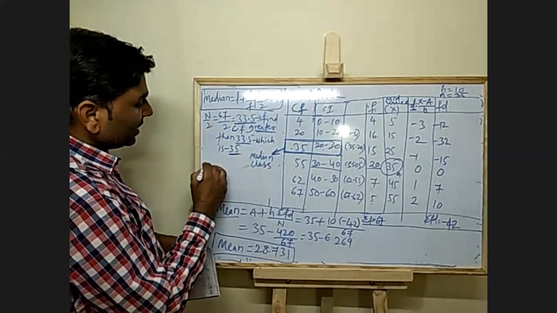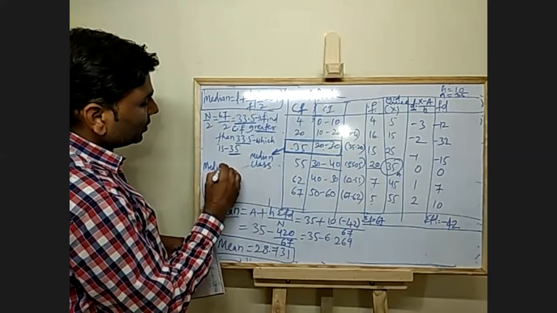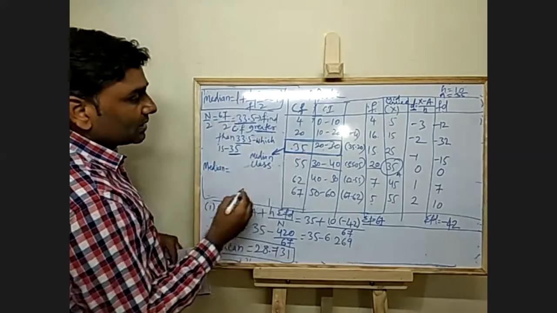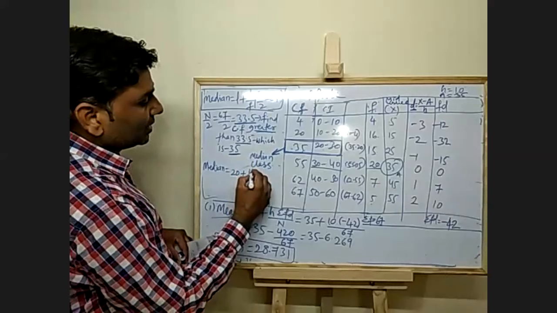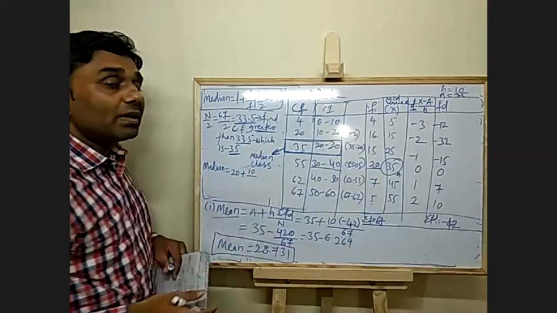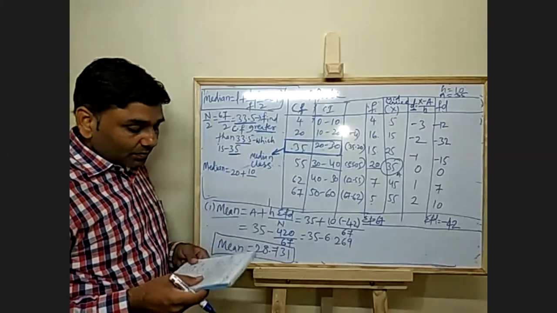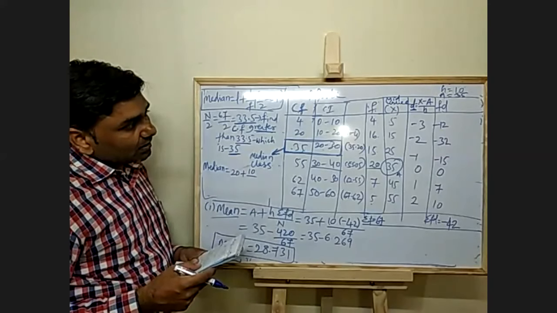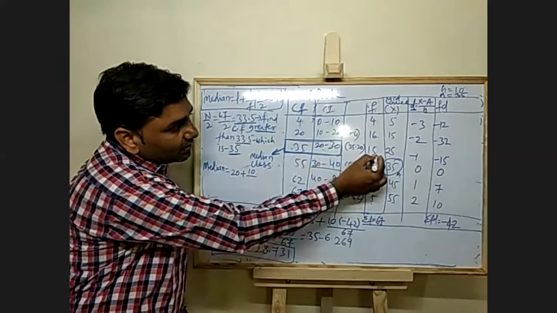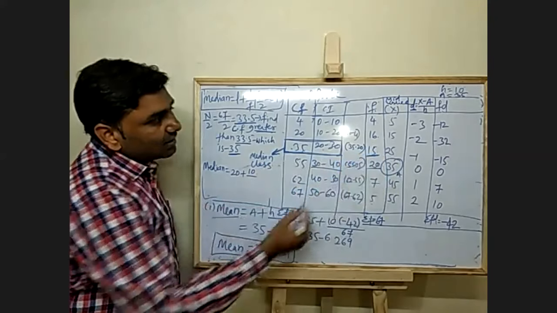You have to just fill median equal to lower class limit is 20 plus H is 10, frequency of that class. What is the frequency here? Frequency of that class is 15.